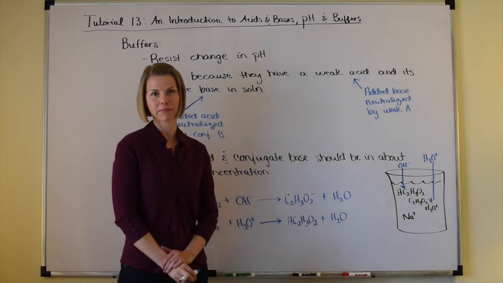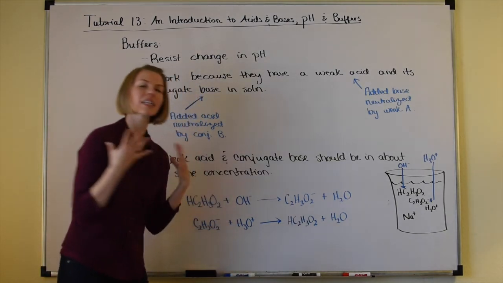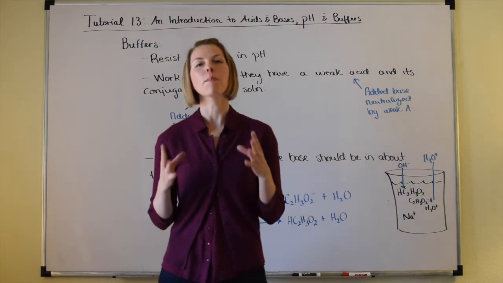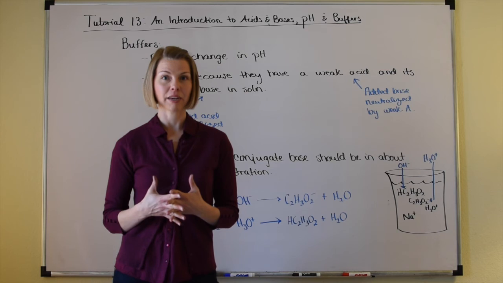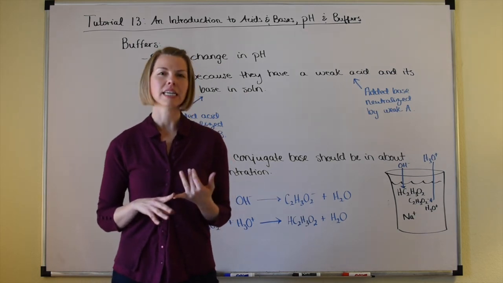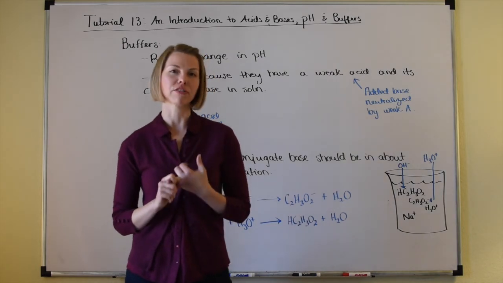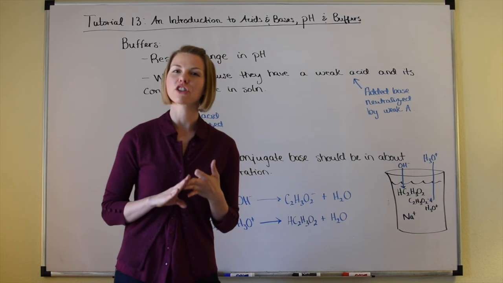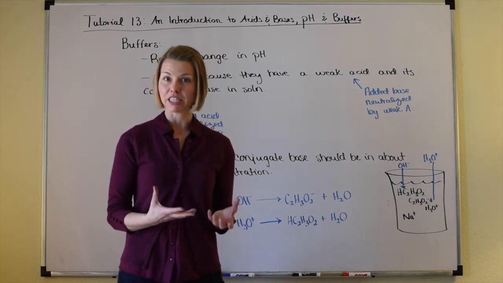Okay, so in bodily fluids, there are three major buffering systems at play. One is the carbonic acid bicarbonate buffer system. Another is the dihydrogen phosphate hydrogen phosphate buffer system.